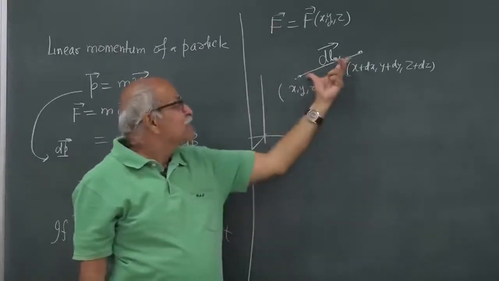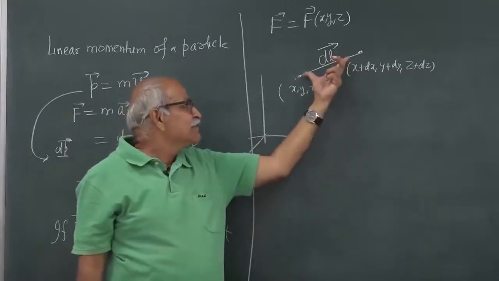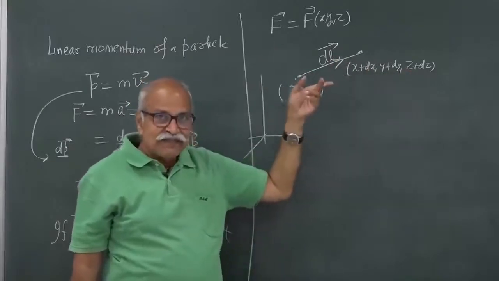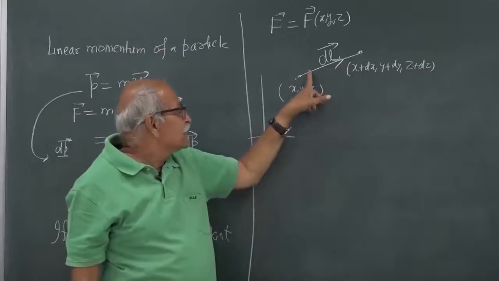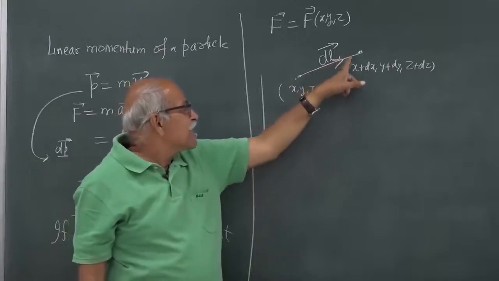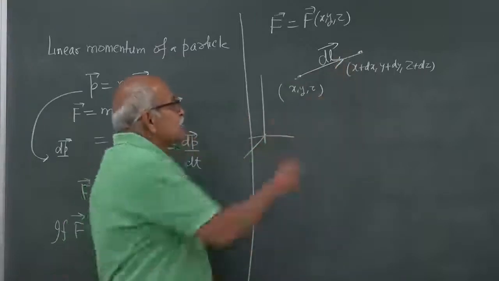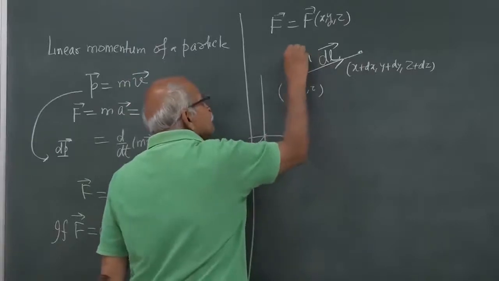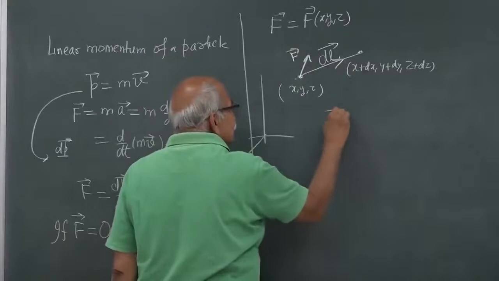If this displacement is infinitesimal, if dx, dy, dz are infinitesimals, then I need not worry whether the force varies at this point, this point, this point. It is so small that whatever is the force here, I can take that as F, and this is dl. You construct this quantity F dot dl.